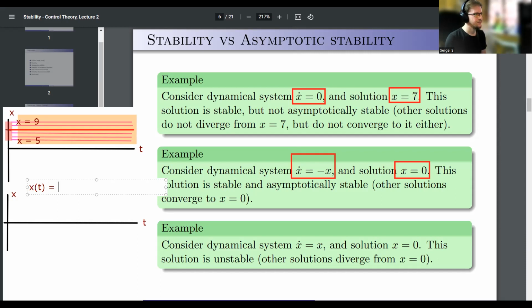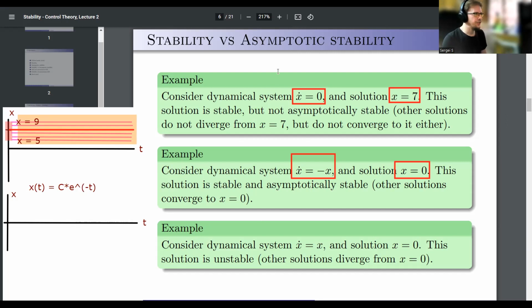E to the power of what? Minus t, exactly, times c. Why times c? Because of initial conditions, right?